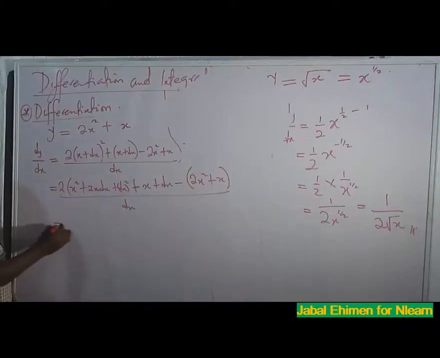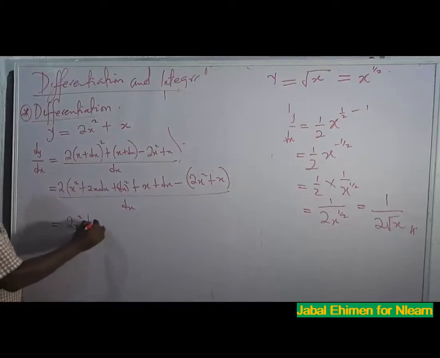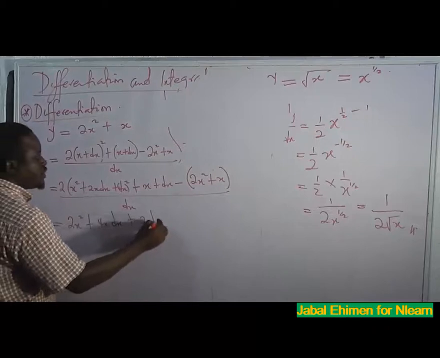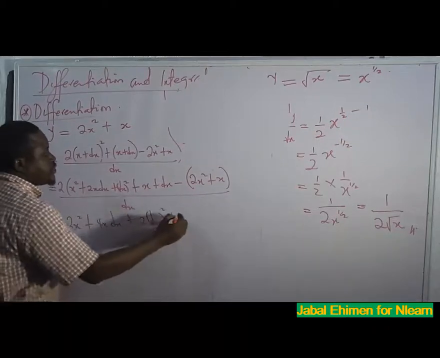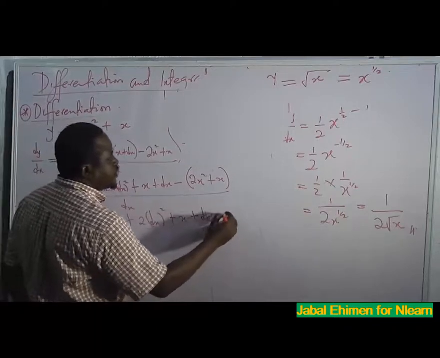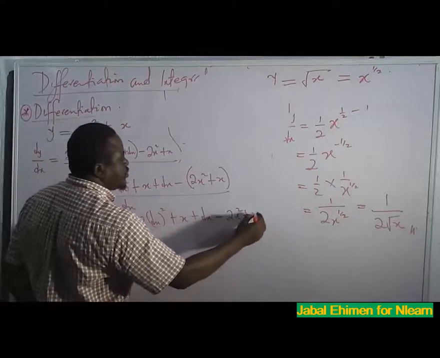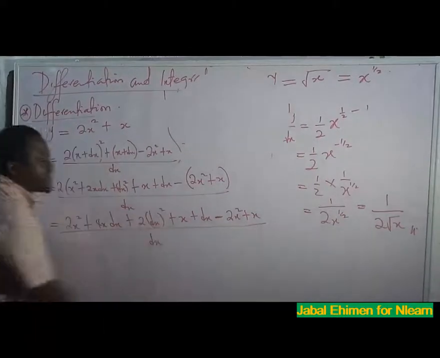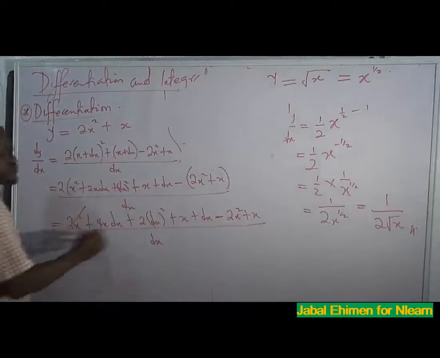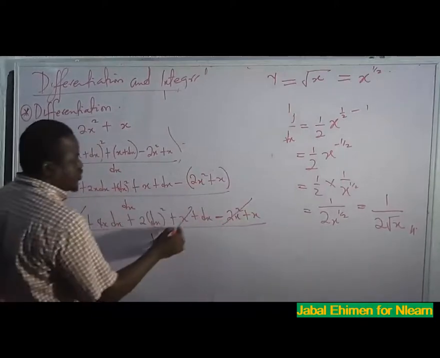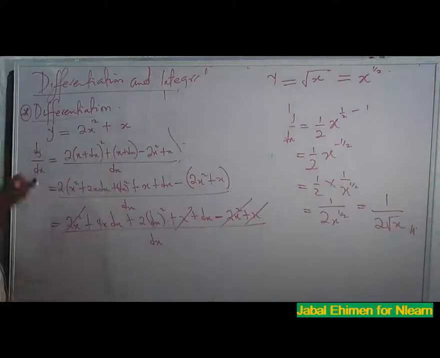Now when you expand that further, 2 times this, that will be 2x squared plus 4x dx plus 2 dx squared, plus x plus dx, minus 2x squared plus x, all divided by dx. Let's start the cancelling now. If you look at it, this will cancel this, same value, plus minus. Again, this will also cancel this, plus minus.